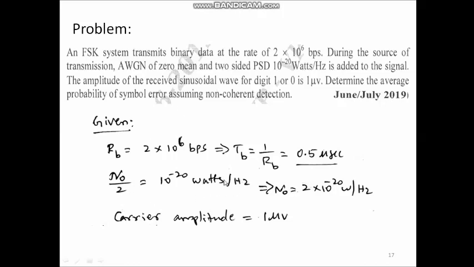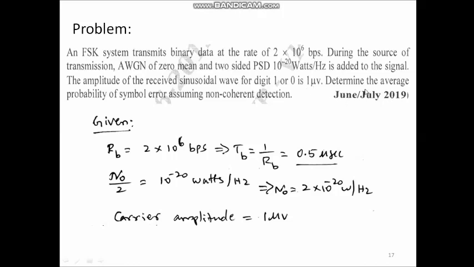The amplitude of the received sinusoidal wave for digit 1 or 0 is 1 microvolt. This is the carrier amplitude. Basically, this represents the maximum amplitude because it is a sinusoidal wave. We write that sinusoidal signal as A cos 2 pi f1 t or f2 t. Therefore, that amplitude is the maximum amplitude, which is 1 microvolt.